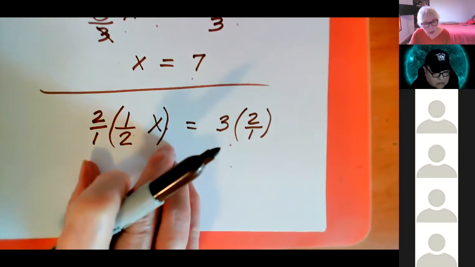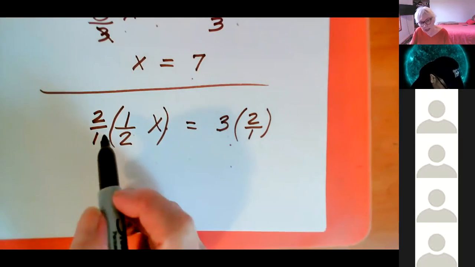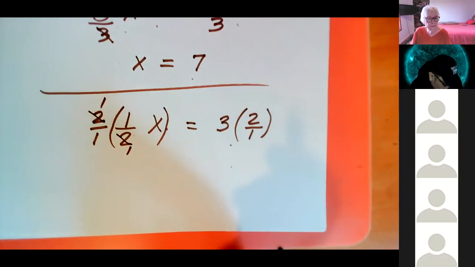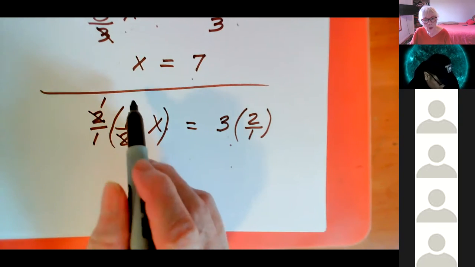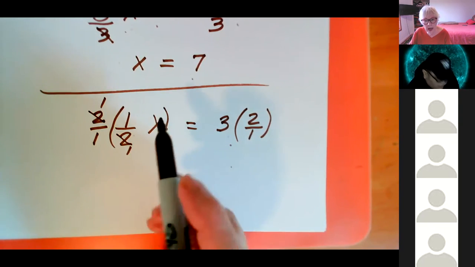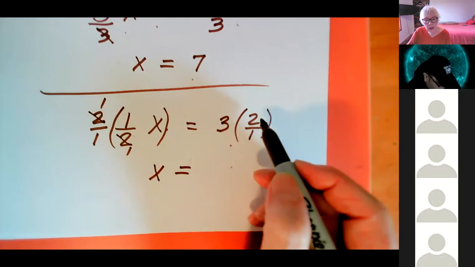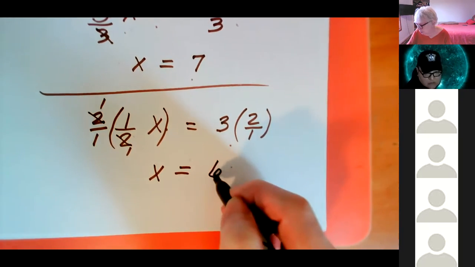So what we do to the left, we do to the right. Did this make sense? So the 2's would cancel. It's probably the best way to deal with the fractions. So all these are just 1 times x, which would be x. This is 3 times 2, which is 6.